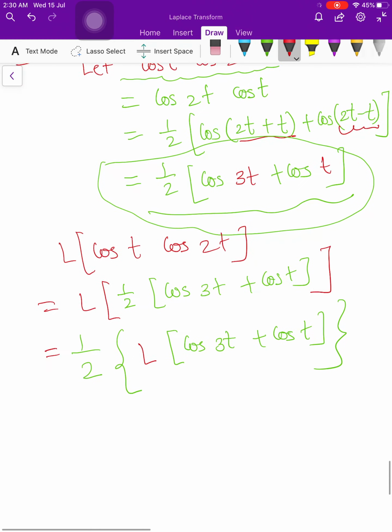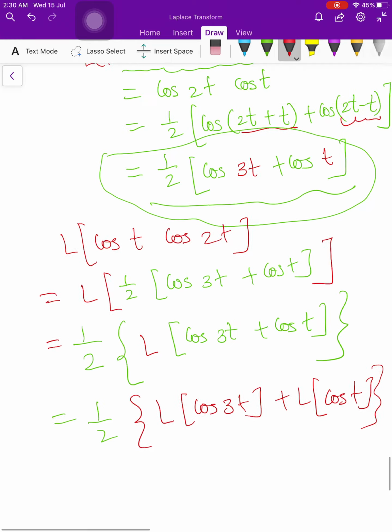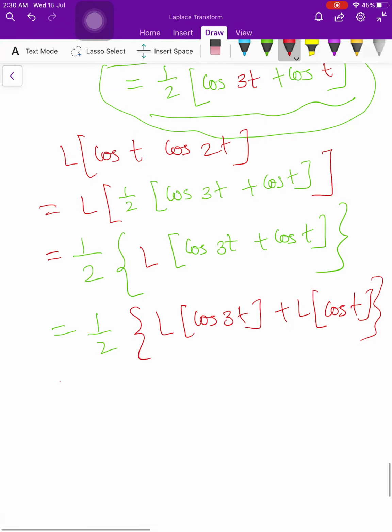Now the next step: here we have 1 by 2, and again there are 2 functions in the bracket, so Laplace will apply. So L of the first function, that is cos 3t, plus L of the second function, that is cos t. This is the step that happens here, and now you can find the Laplace.